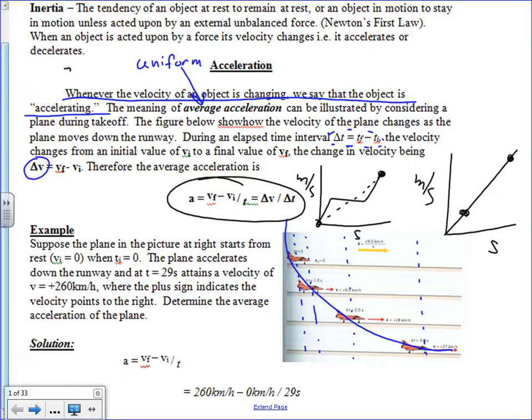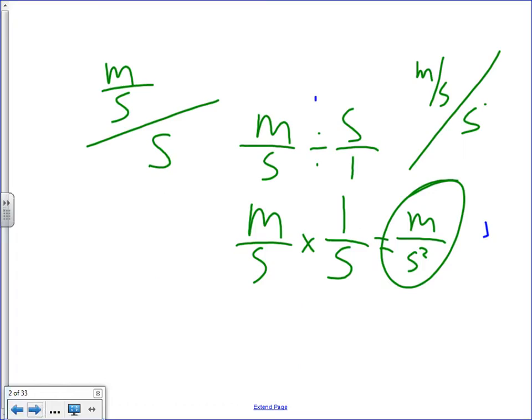And again, that's the slope of the line on our velocity versus time graphs. Rather than use that example because it's in kilometers per hour, we'll move on to a different one here. We talked about these units the other day when we talked about velocity versus time graphs, so there's a little bit of review here.